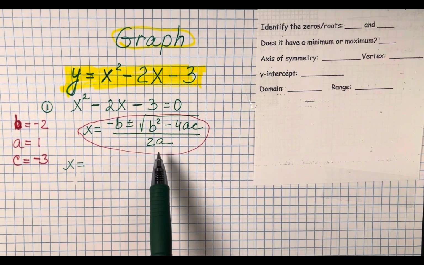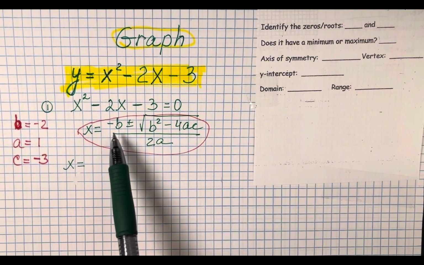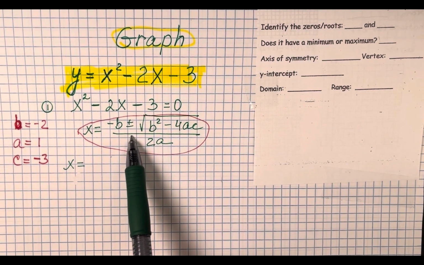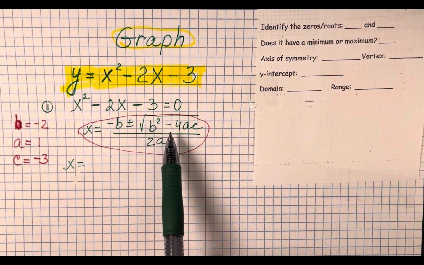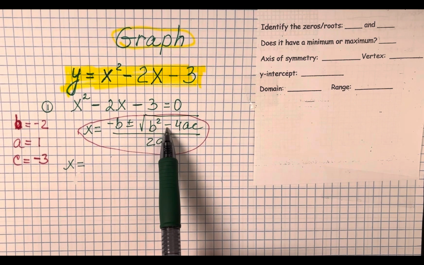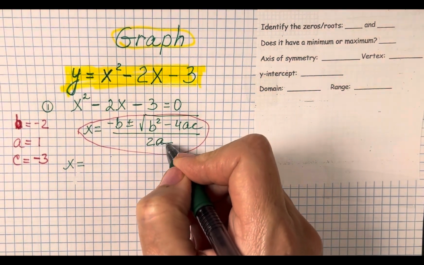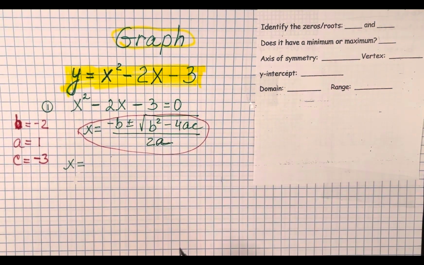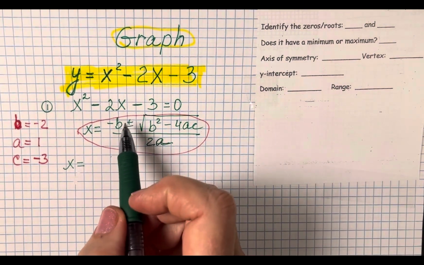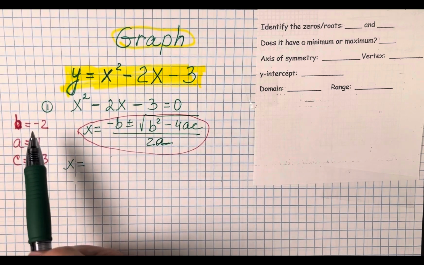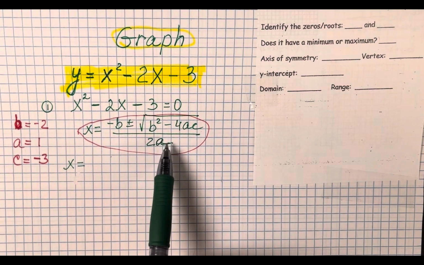I wrote it down one more time to remind you. So x equals negative b plus minus the square root of the discriminant, which is b squared minus 4ac, divided by 2a. Just reminding you. Okay, and we're going to apply it, very simple. But also we have to recognize what those coefficients are.